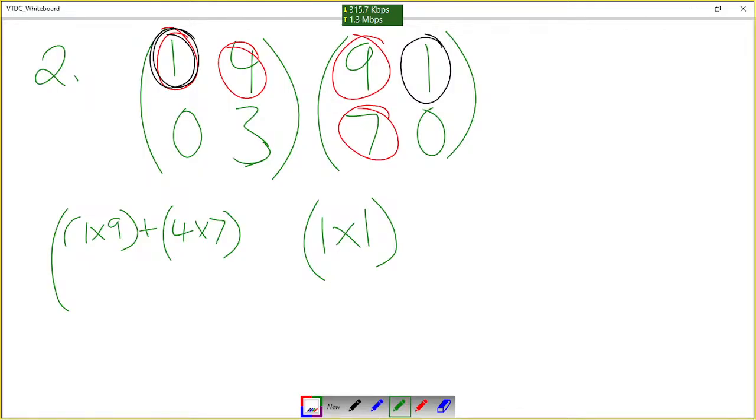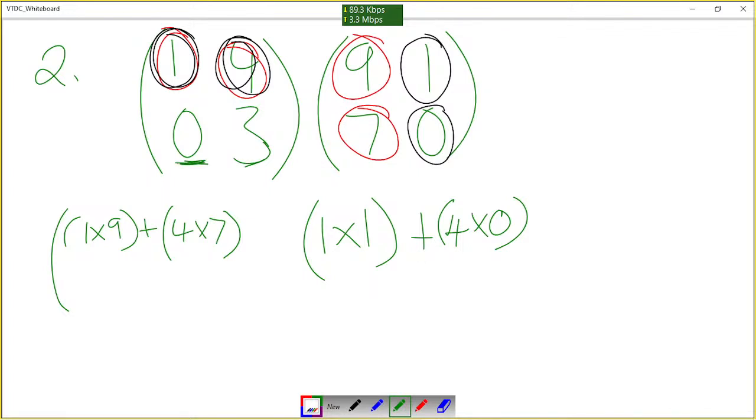Then this number by this number, so we say plus 4 times 0, like that. Again, I'm going to come here and start using these numbers that are down.